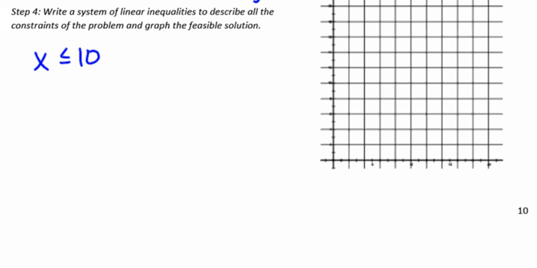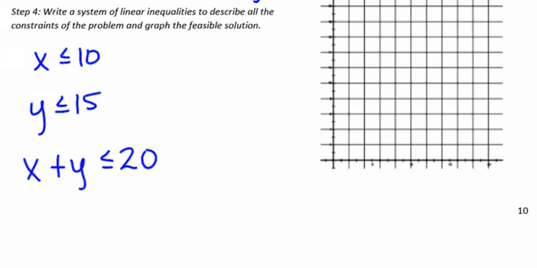Y is less than or equal to 15, because Y is bicycles. And motorcycles plus bicycles cannot exceed 20 vehicles altogether, so x plus y is less than or equal to 20. These are the three inequalities that we want to graph and pick some solutions to satisfy and maximize our profit in our objective function that we stated in step 3.